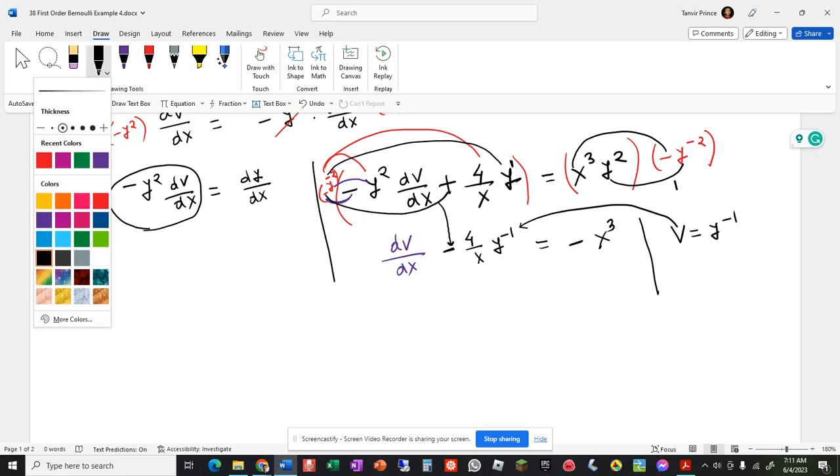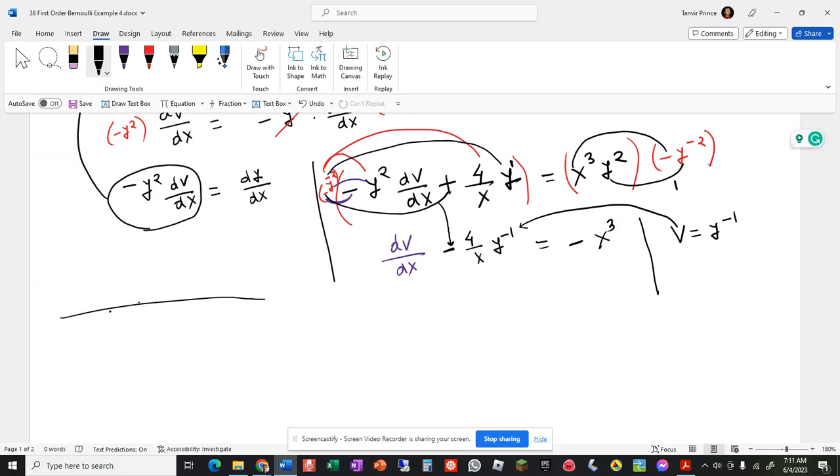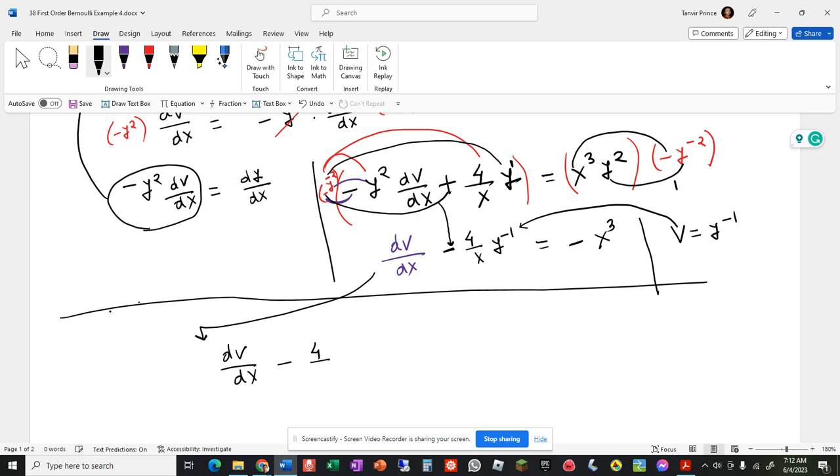After the substitution, I have dv/dx minus 4 over x times v, because y to the power negative 1 is v, equal to negative x cubed. And this is linear.